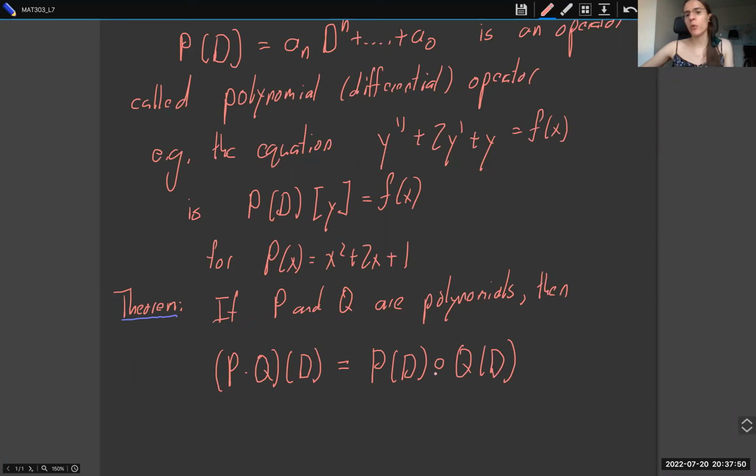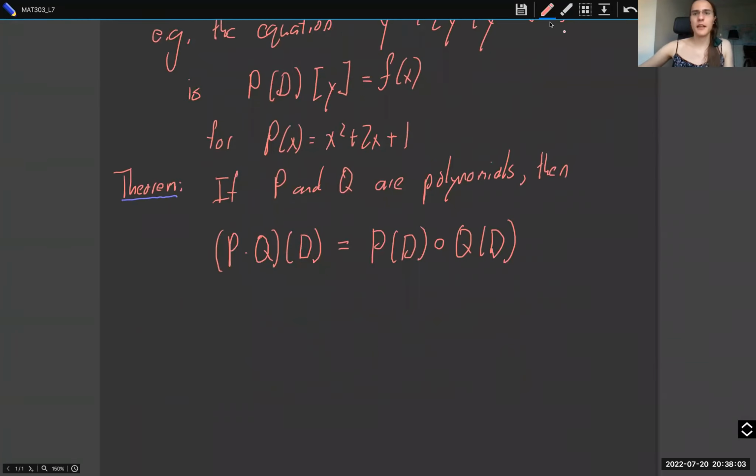And usually we won't write composition. Usually if I just write two differential operators beside each other, I'll mean composition. So this is the operator that does Q(D) first and then P(D) to the results. So we're going to accept this without proof.